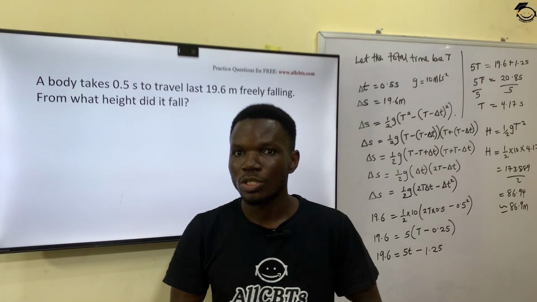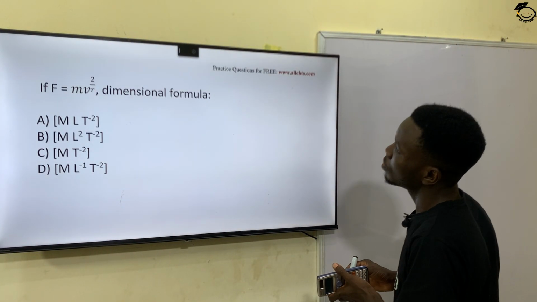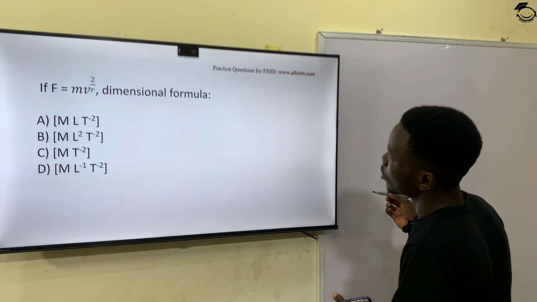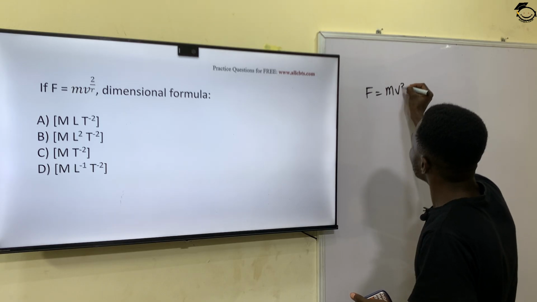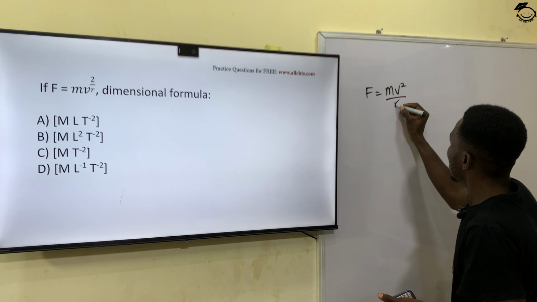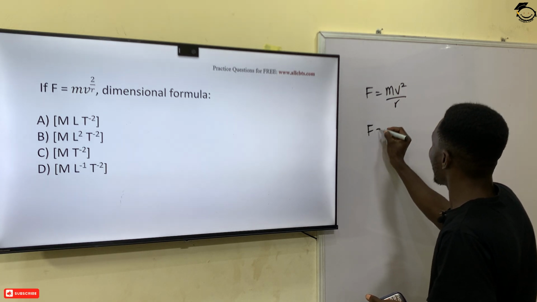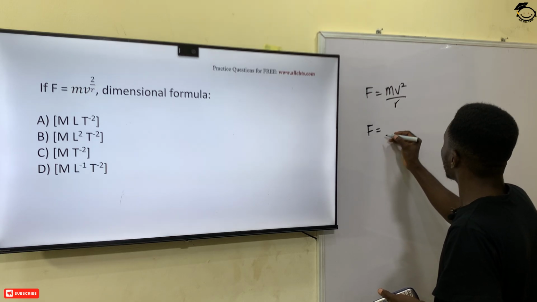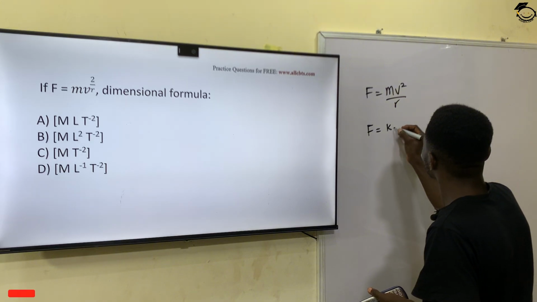So that takes us to the next question. If F is equal to mv squared over r, we are asked to find the dimensional formula. So we know therefore that my F is equal to, my M here is talking about mass, so that is kilogram.